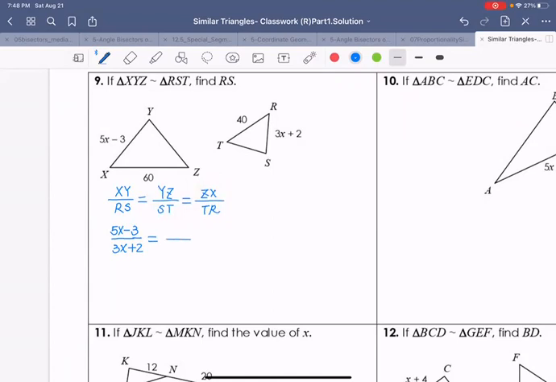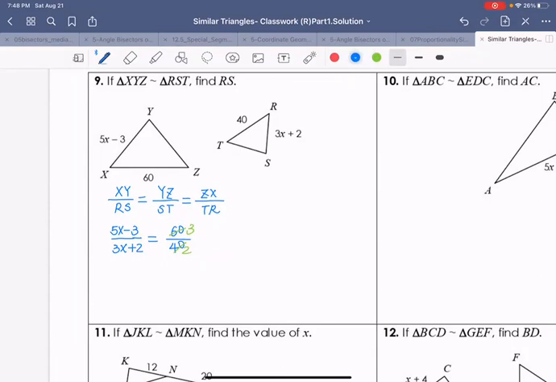ZX is 60 and TR is 40. We don't want to do this big number, we want to simplify here. How do you want to do that? 60 over 40 is 3 over 2, both divided by 20.